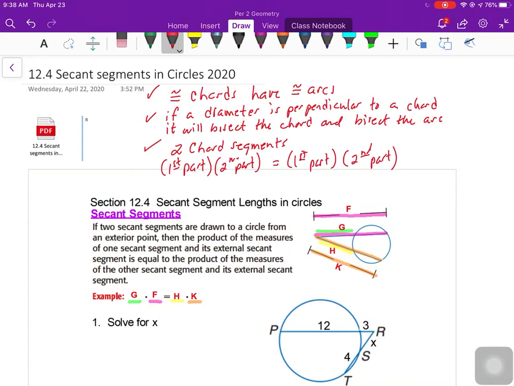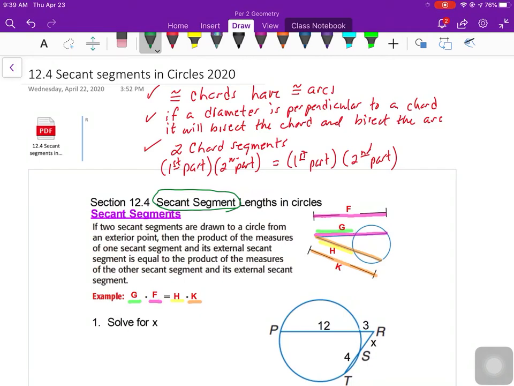Today we're going to talk about a new segment. We're going to talk about secant segments. Now, a secant, recall, was a line that intersected a circle at 2 points. So a secant segment is a piece of this line.